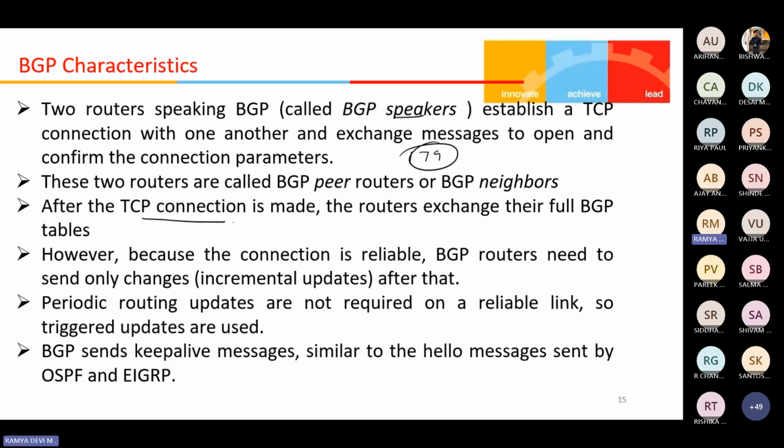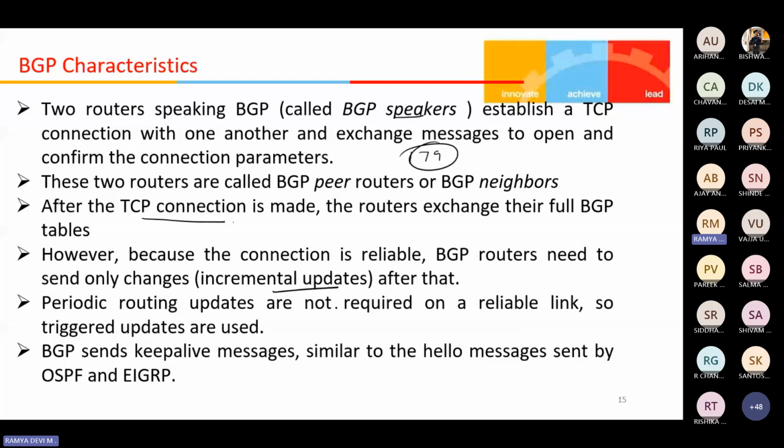Once the session is established, the routing information will be exchanged between the peers. PGP will send only incremental updates, meaning only the changes, instead of the entire routing table. So it minimizes the bandwidth and also the processing power.